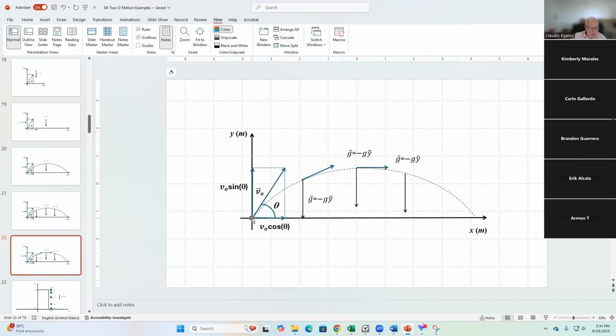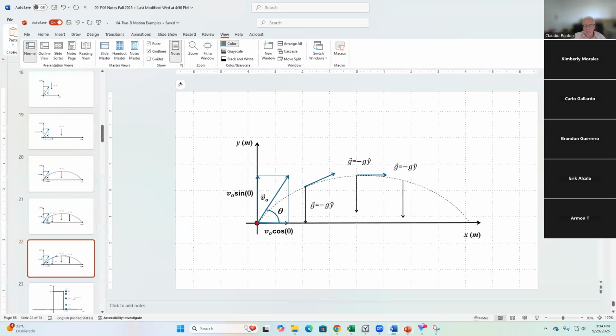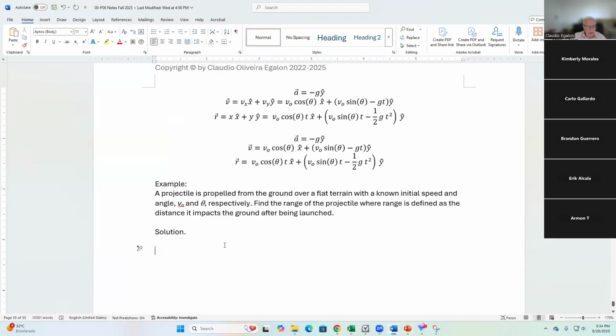When the projectile is launched, its position along the y-axis is 0, but when it impacts the ground, its position is also going to be y equal to 0. Okay? So we have to use this piece of information to solve the problem.